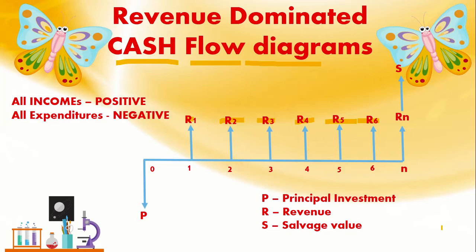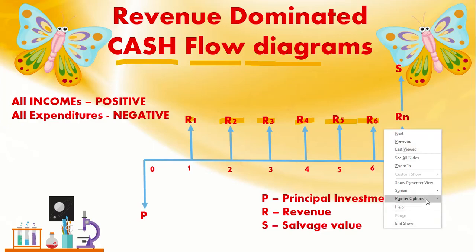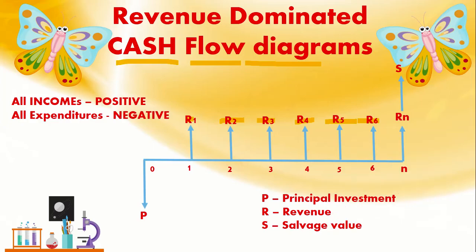You have to remember one thing. Whenever you draw the arrow mark pointing downwards, it is said to be expenditure, outflow. Whenever you draw an arrow mark upward, it is said to be inflow. It is revenue.